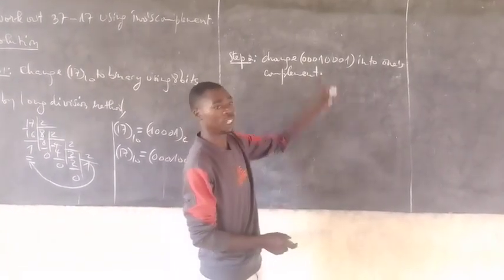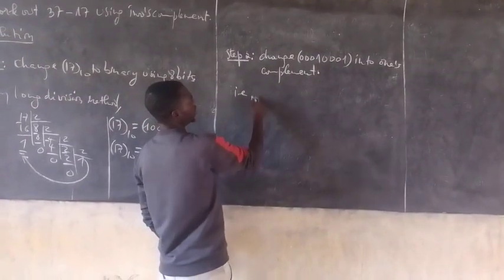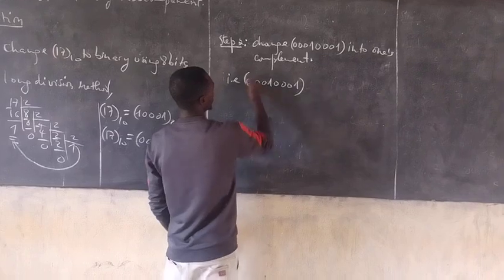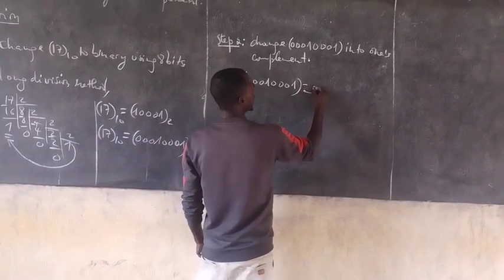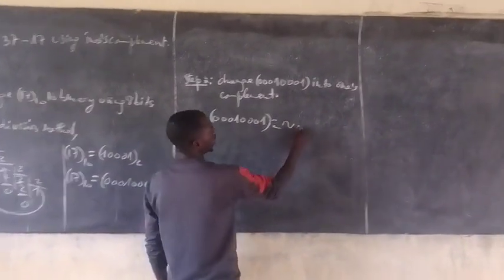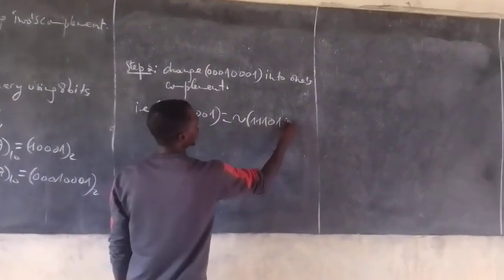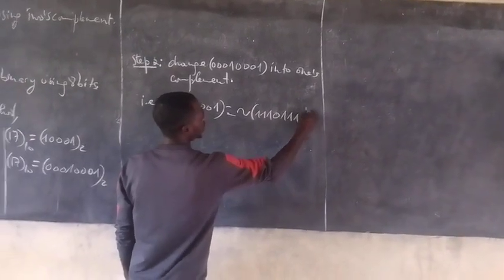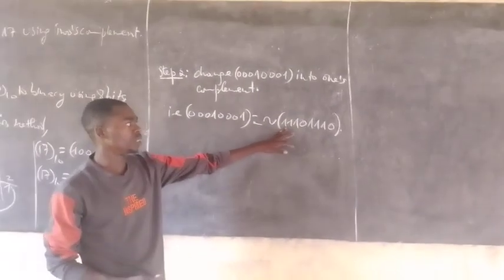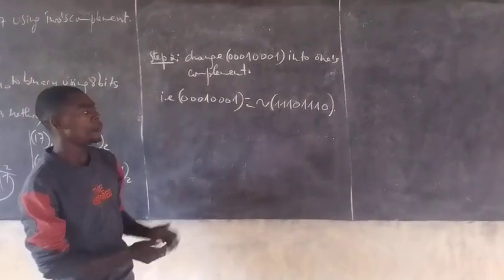We use a unary operator to show that this is negative. So by inverting these bits, we get 1, 1, 1, 0, 1, 1, 1, 0. So this is the negative bits which represents negative 17 in binary.